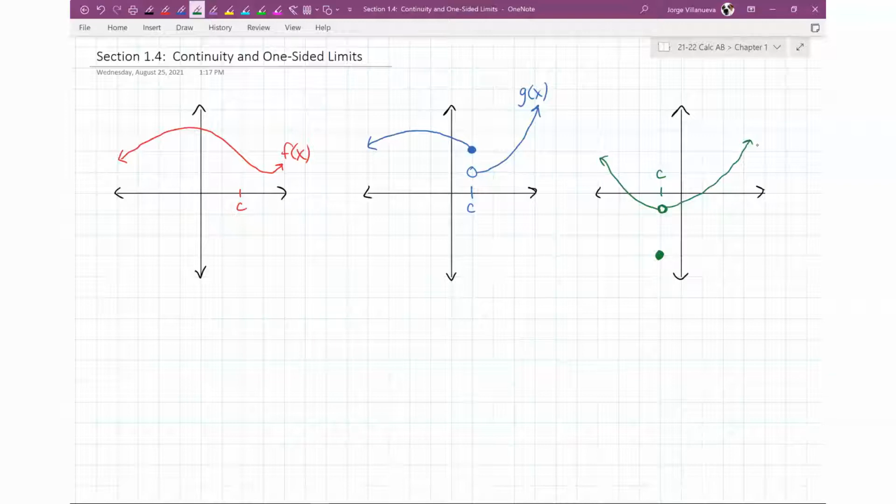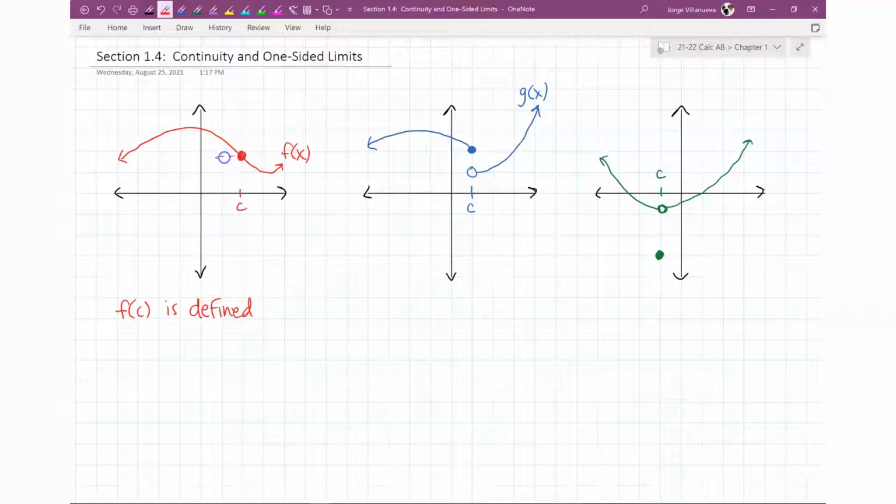So we're just going to observe something, okay? First off, you should observe that f of c for the first graph here, f of c is defined. Okay, in other words, it has an answer. The answer for f of c is right about here.